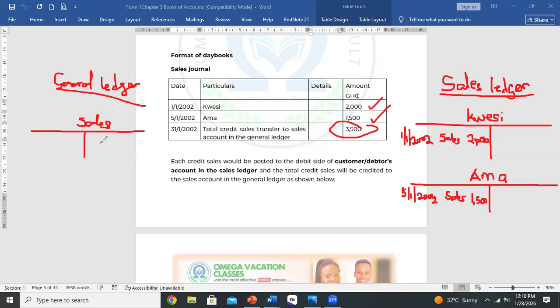So in the sales account, we put the date 31st January 2002, because that's the date of this total. And what will be the details? This total credit sales is with our debtors, so you put debtors there. And then the amount, 3,500.